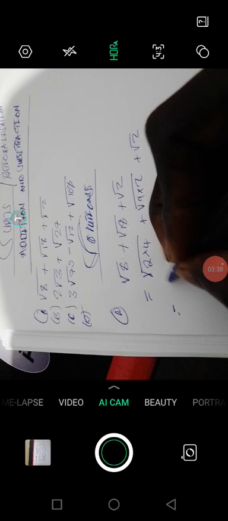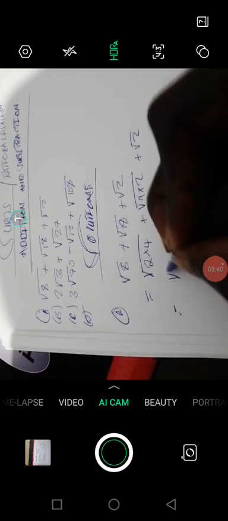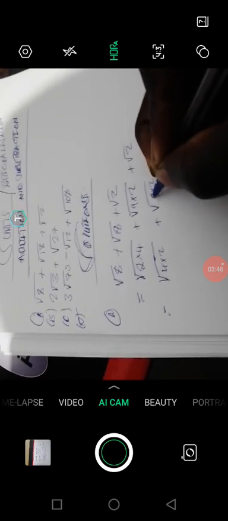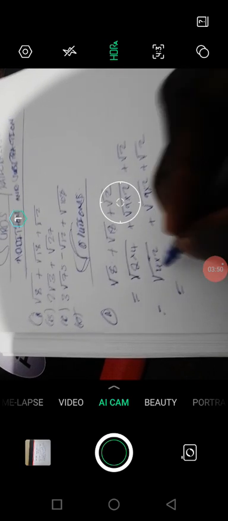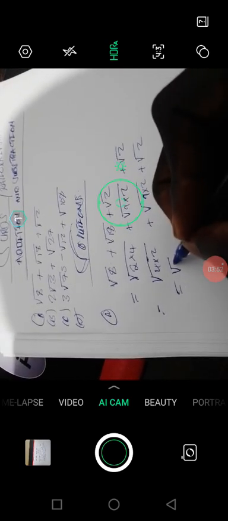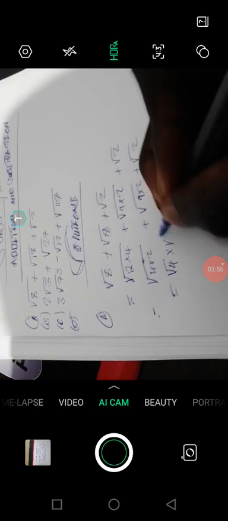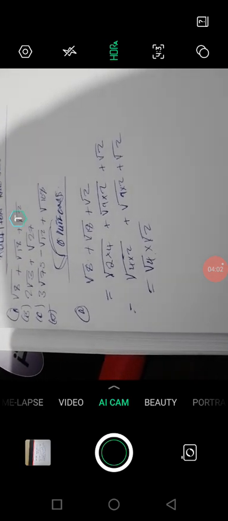This applies to the root of 4 times 2, plus the root of 9 times 2, plus the root of 2. If I separate it, the root of 4 times the root of 2 is equal to the root of 4 times 2 under multiplication.